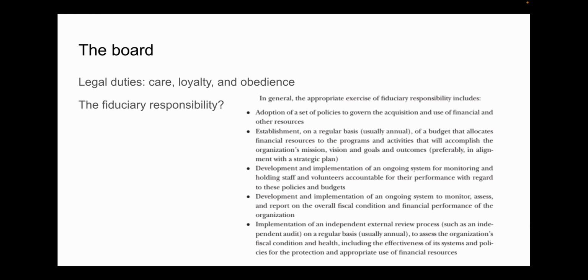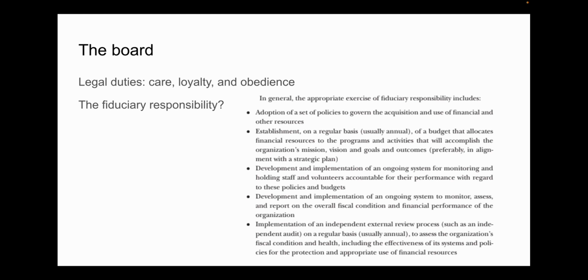Third, development and implementation of an ongoing system for monitoring and holding staff and volunteers accountable for their performance with regard to these policies and the budgets. And fourth, development and implementation of an ongoing system to monitor, assess, and report on the overall fiscal condition and financial performance of the organization.